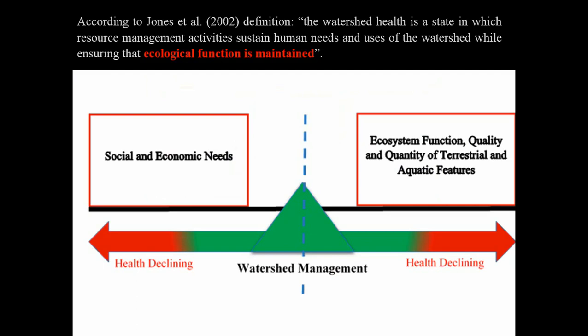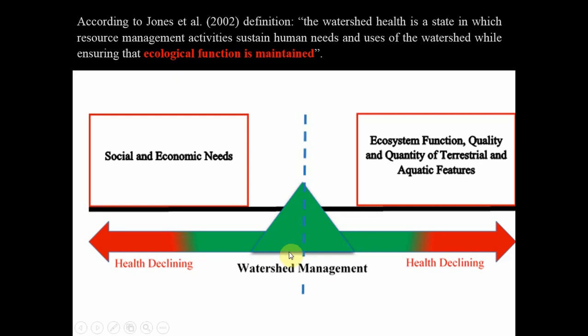As per the definition given by Jones, watershed health is a state in which resource management activities sustain human needs as well as uses of the watershed while ensuring the ecological function is maintained. So it means there is a balance between human needs and ecological needs.